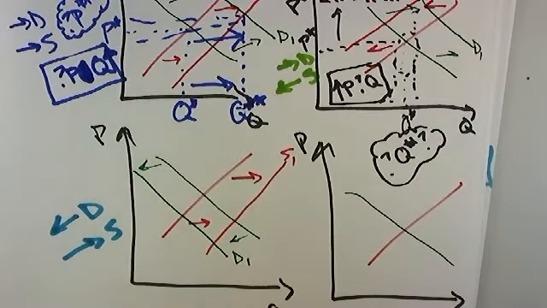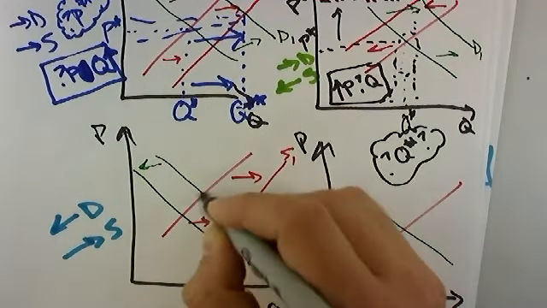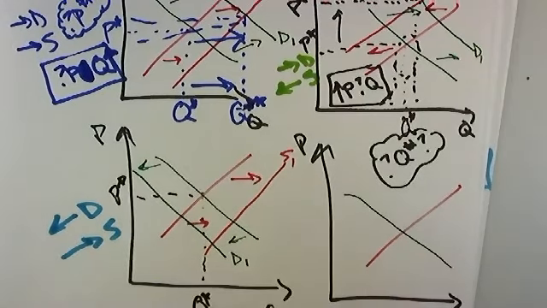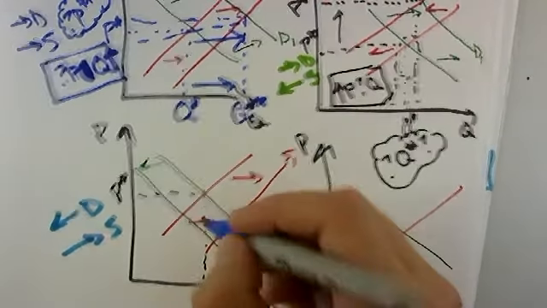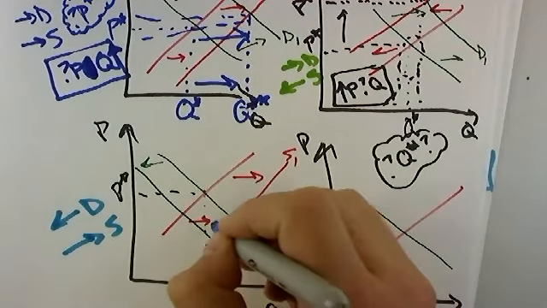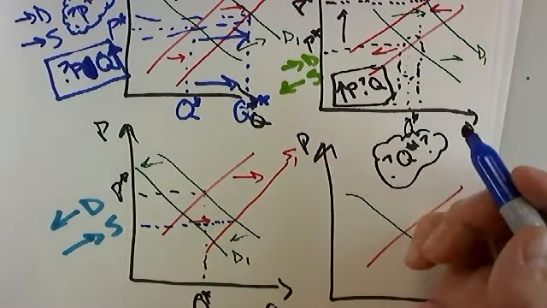Our original would be right here, P star, Q star, and our new would be over here. And so we would know for sure that the price decreased.